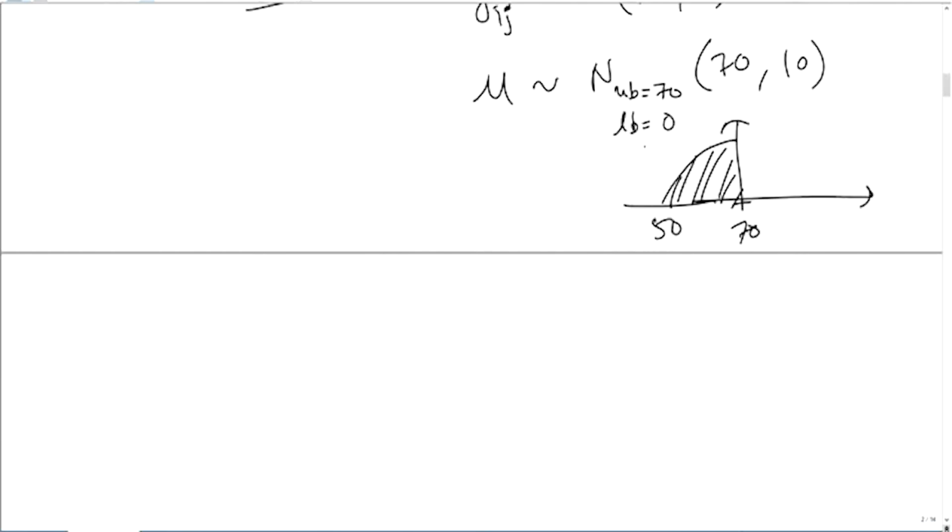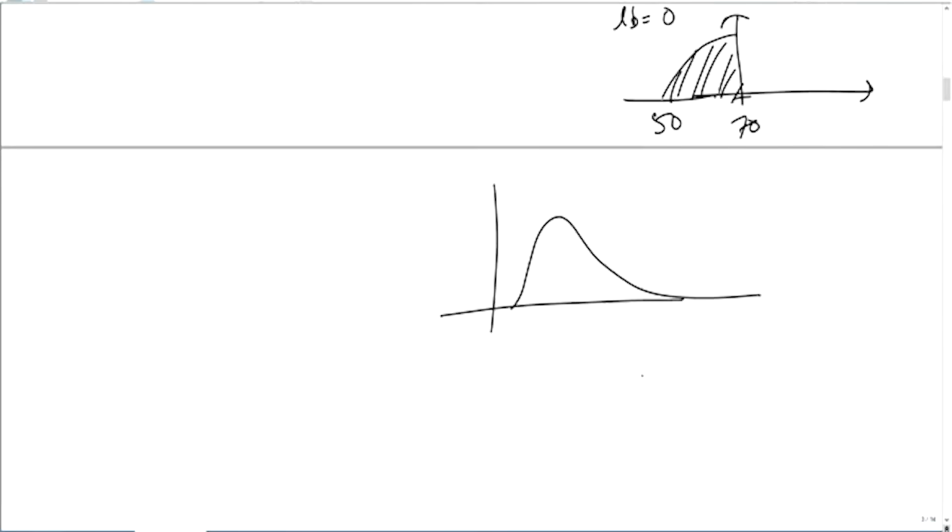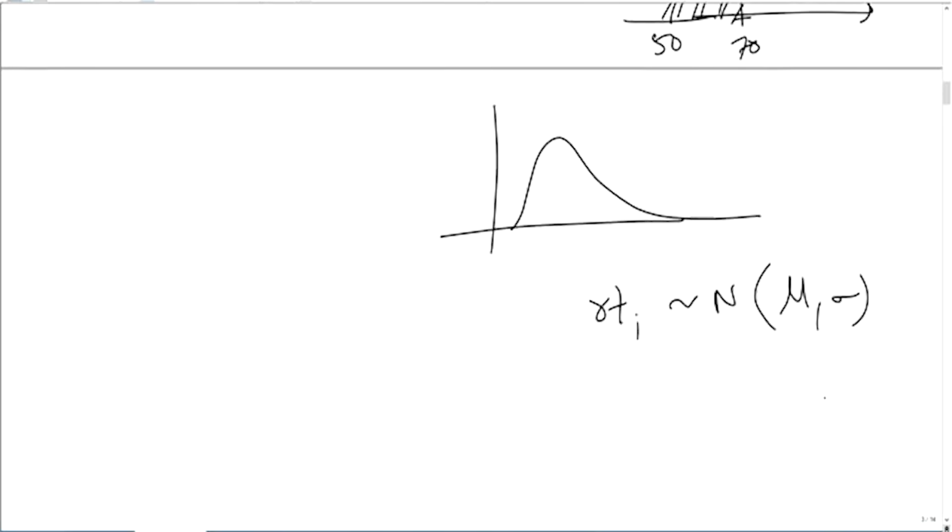So for example, when we were trying to model reaction times or reading times data, we challenged this assumption. Some models make the assumption that reaction time in the ith trial comes from normal mu sigma. We challenged this assumption because the actual reading times that are observed in human studies are not normally distributed.